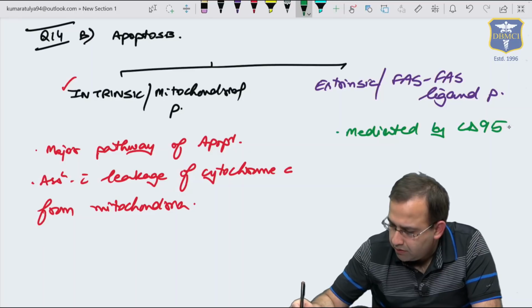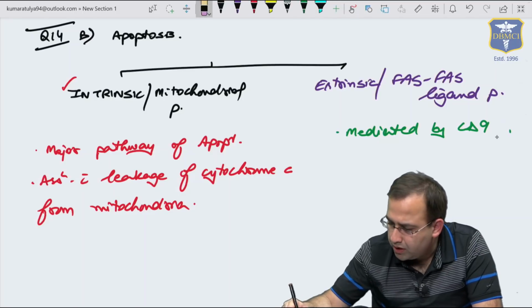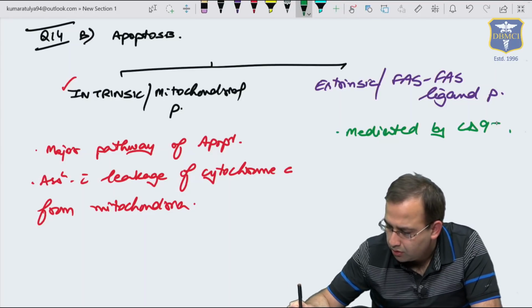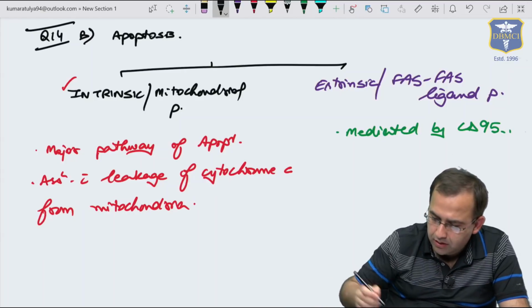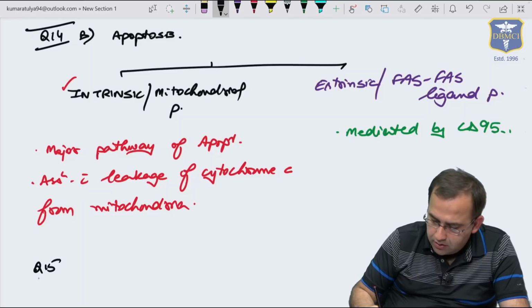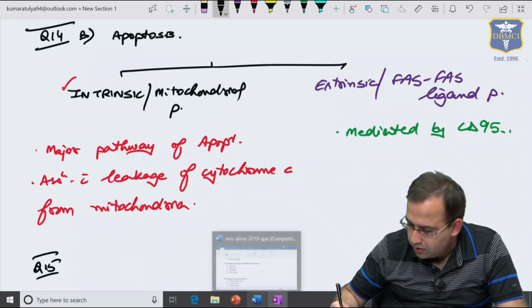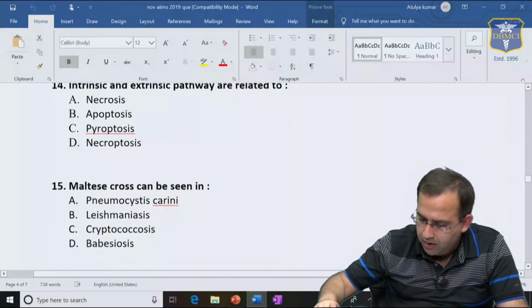A pretty straightforward question. I am not getting into more details of apoptosis, you know them.